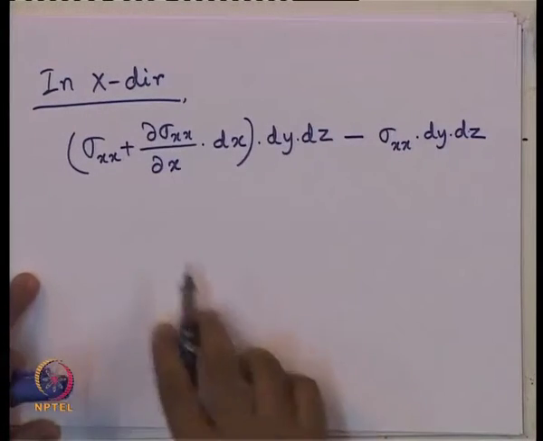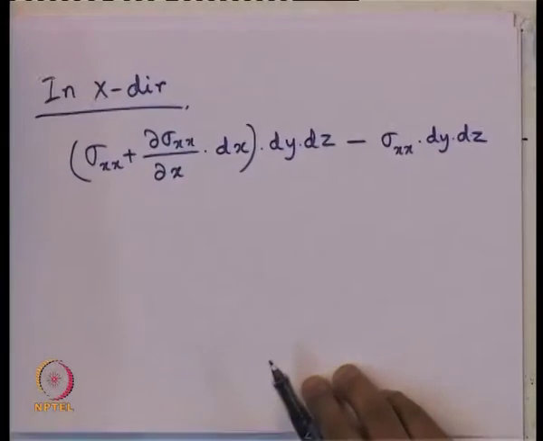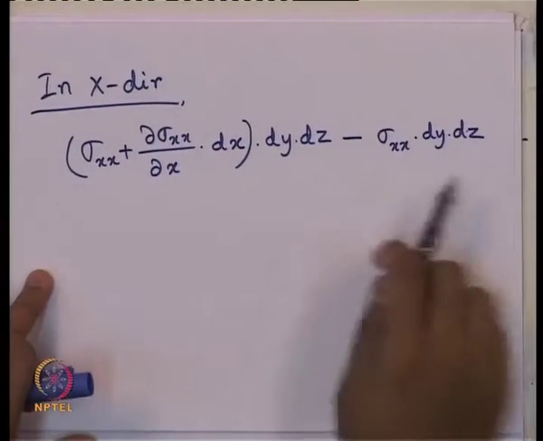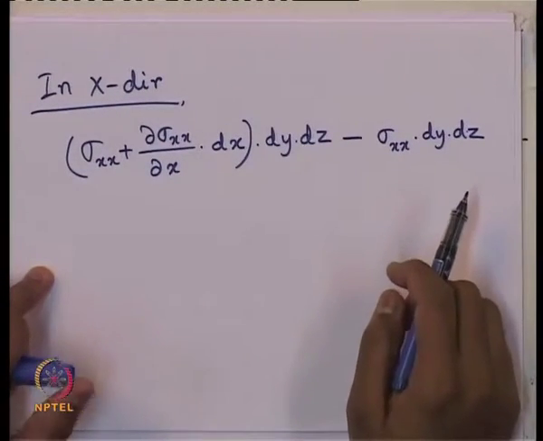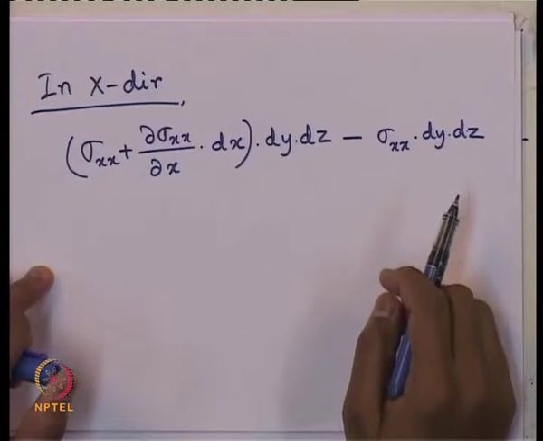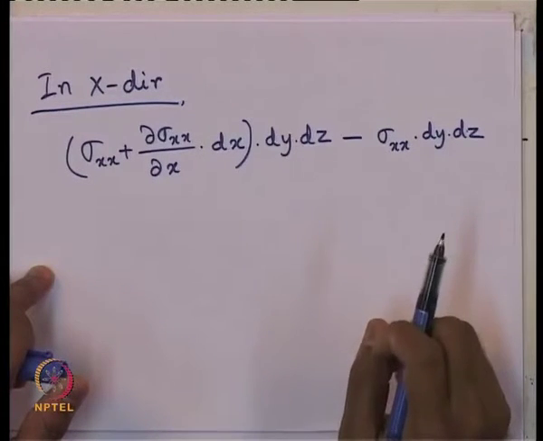So, net is in the rightward direction this much, due to the normal stress acting on x plane in x direction.